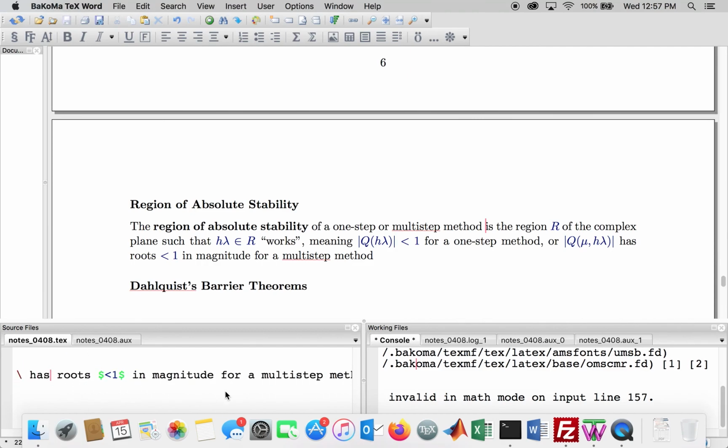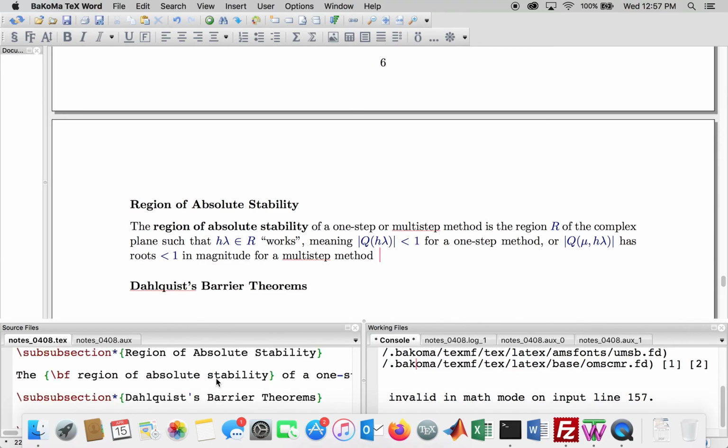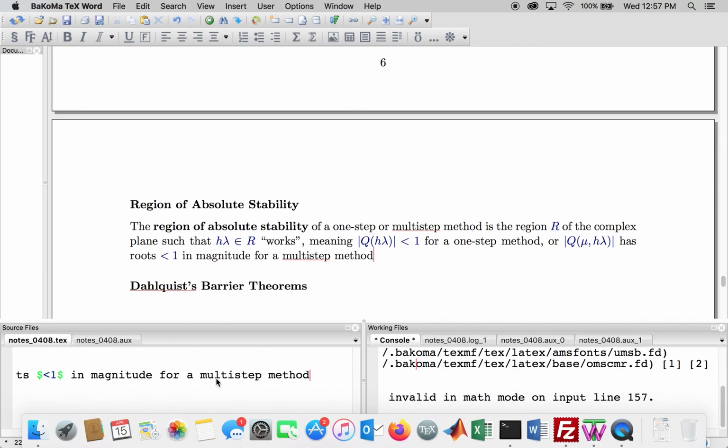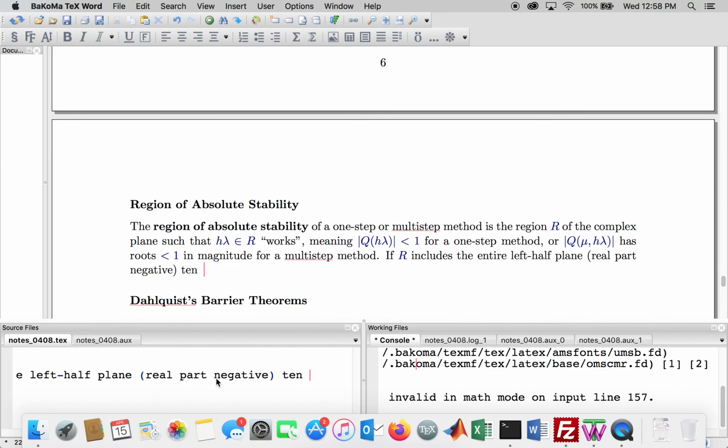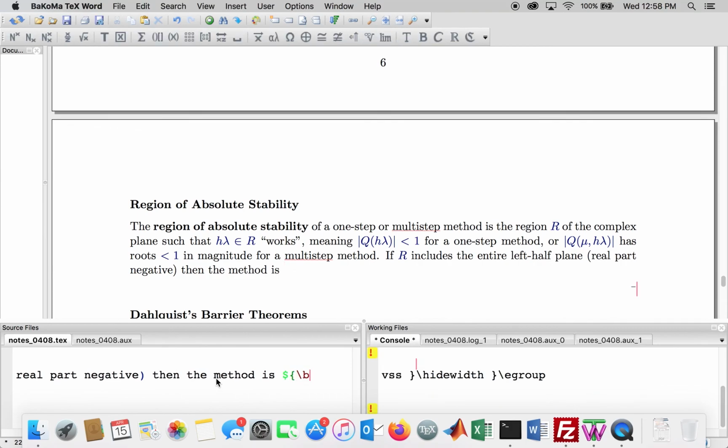Now, we're primarily interested in the left half plane, where the real part is negative, because that's what we have from the test equation. The region of absolute stability can spill into the positive part, but it's really the negative part that we're most interested in. So if a region of absolute stability R includes the entire left half plane, so real part negative, then the method is A-stable.